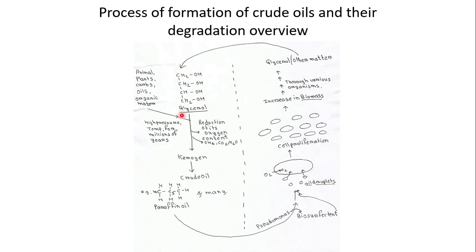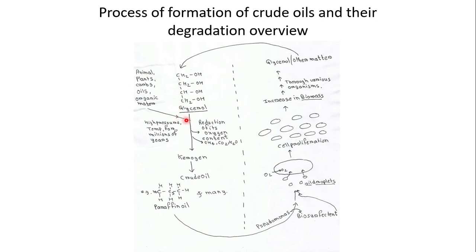Here you can see glycerol. Glycerol, which is a form of oil or fatty acid, can be found in animals, plants, or many living beings.